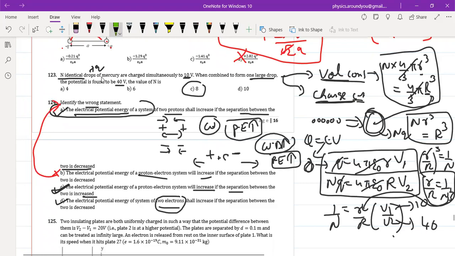So the right choice for the question is option B. If I decrease the separation between the charges, they are attracting anyway, so I need not put in any extra work. So the potential energy of the system is going to decrease. It's not going to increase.